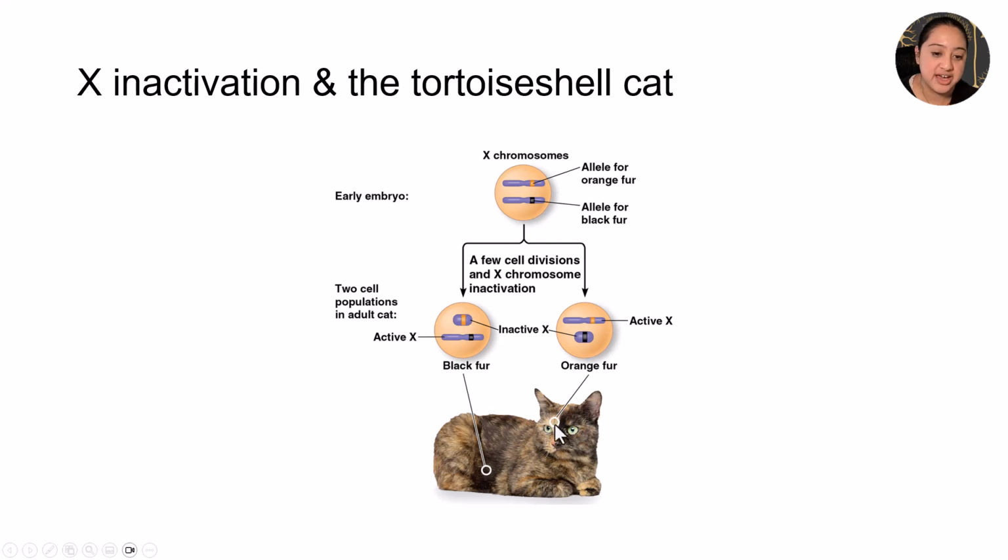So that's how they have different cells expressing different coat colors in one organism. And that's not the case for other kinds. It's just in tortoiseshell, so not calico. It's just tortoiseshell. They are female, and you see this different mosaic of expression because of the X inactivation in different cells.